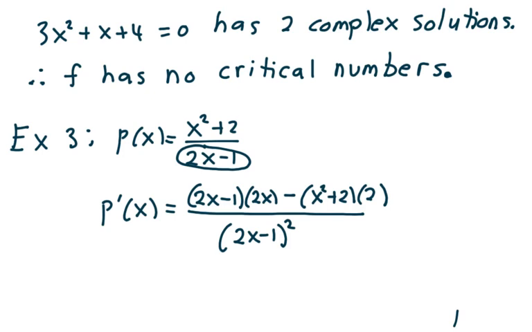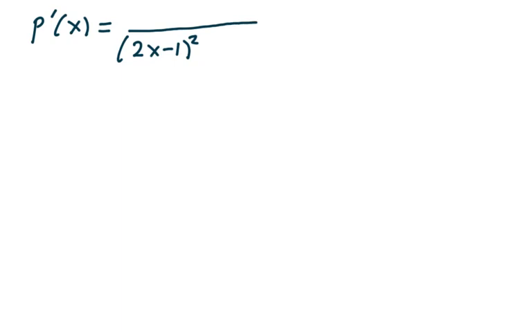Now this is where it's very important, as compared to chapter 3, that we are able to simplify. So p prime of x, we get 2x minus 1 to the second on the bottom, right?